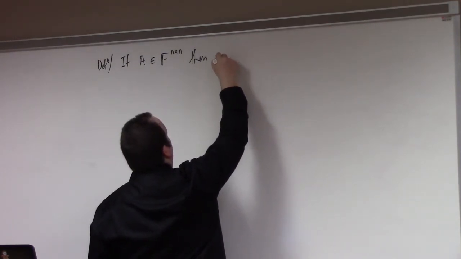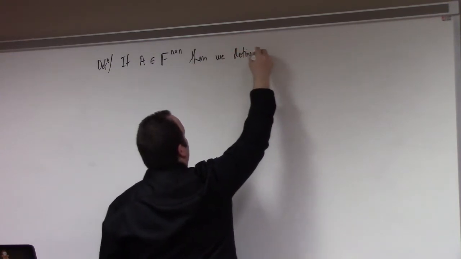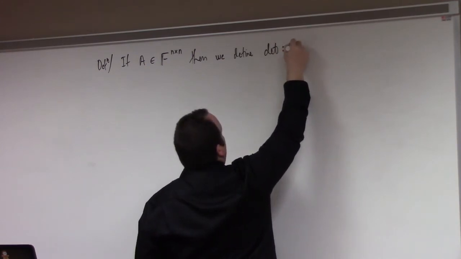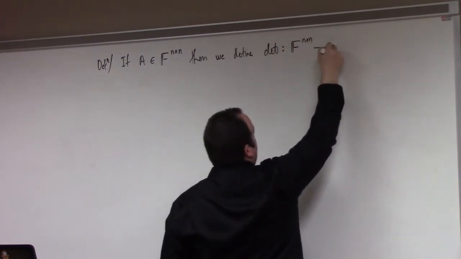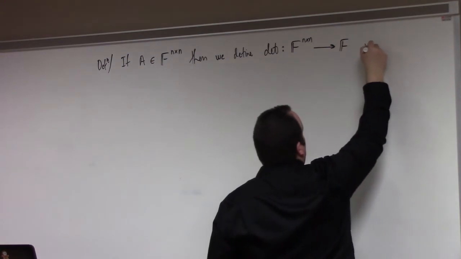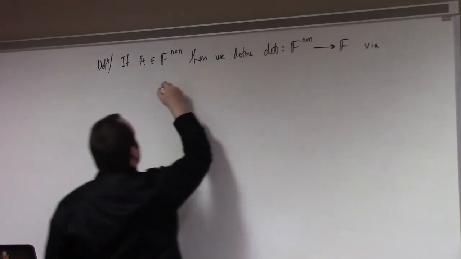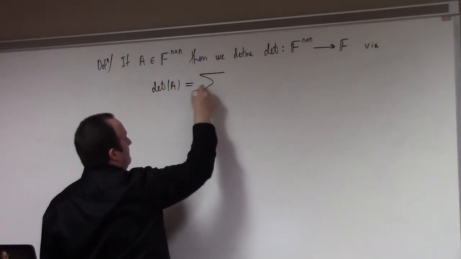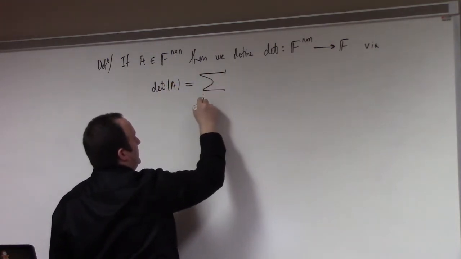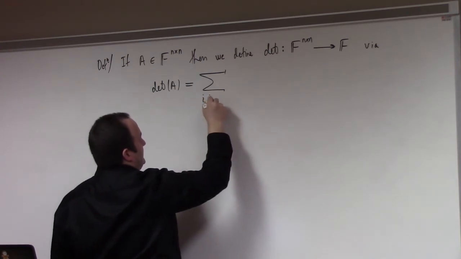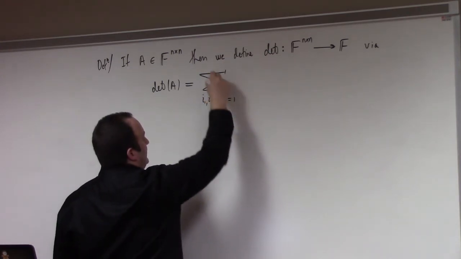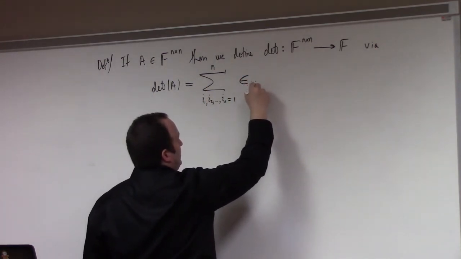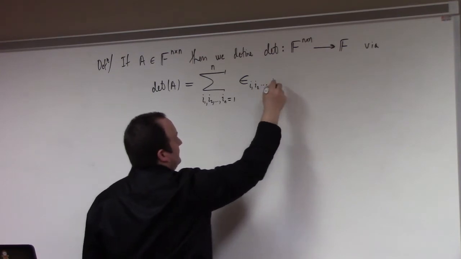We define the determinant, which is going to be a mapping from F^(n by n) to F, via the following formula. The determinant of A is equal to the sum over i1, i2, ..., in equals 1 to n of the Levi-Civita symbol, epsilon i1, i2, ..., in.